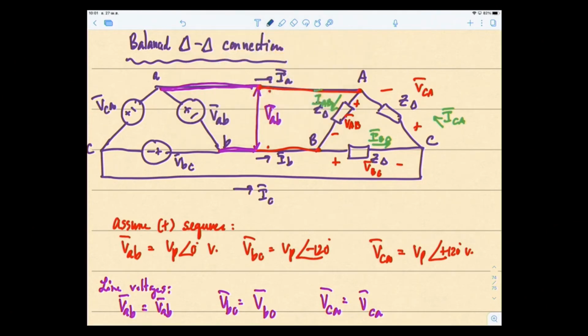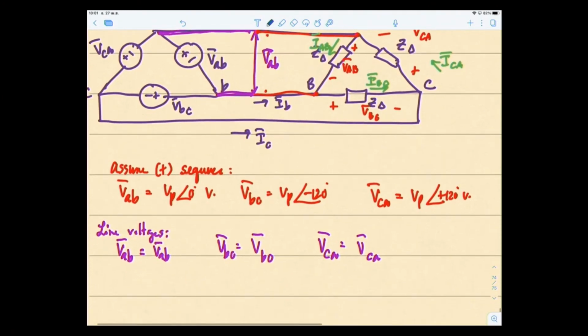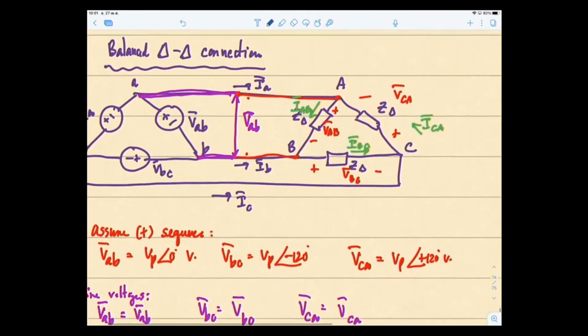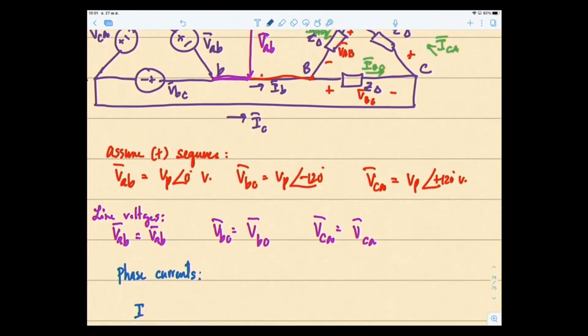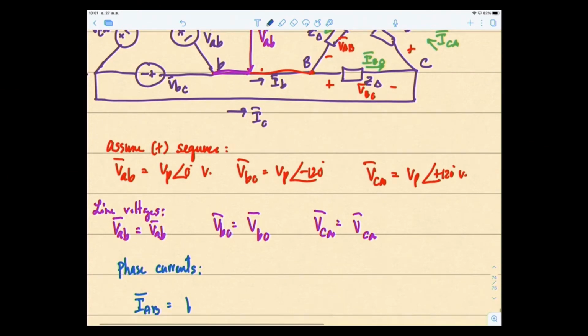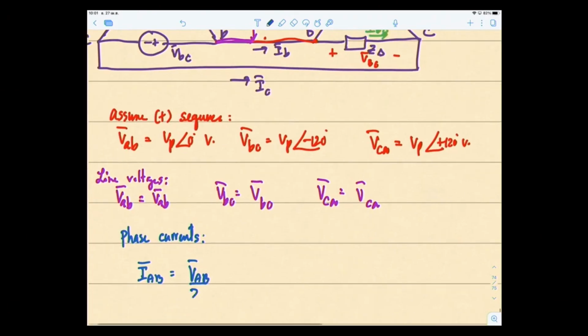So if you look at the phase current, you see that the phase current IAB is the voltage drop across VAB divided by the impedance of that phase.